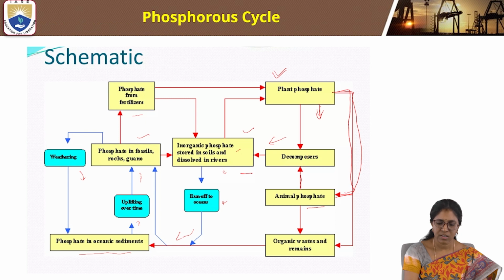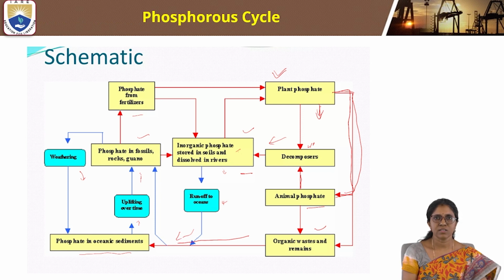If they die, they are decomposed by decomposers, and the phosphorus again comes back to soil and rivers. Animal phosphate also gives organic waste and remains, which again form phosphate sediments or rocks. So this is the phosphorus cycle.